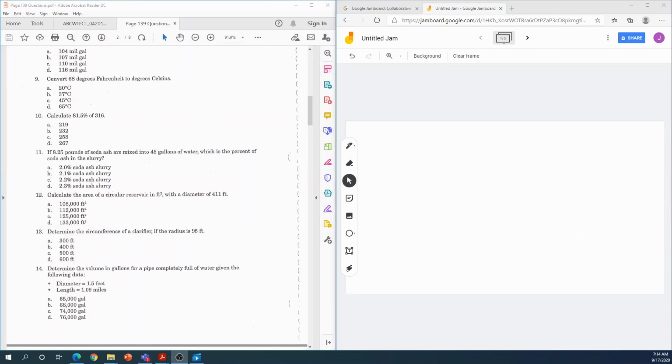Okay, let's take a look at number 12. Calculate the area of a circular reservoir in square feet with a diameter of 411 feet.